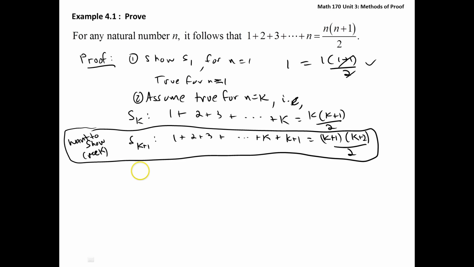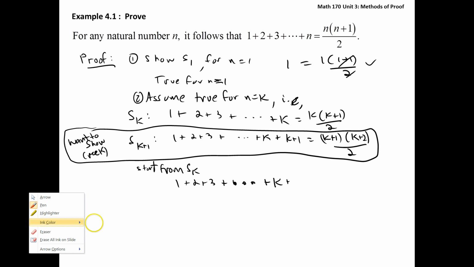So I start from S sub k, that the kth statement is true. And then what I need to do is make it so that it looks like the next statement. What's the difference between S sub k and S sub k plus 1 on the left hand side? Basically, there's an extra number added. There's k plus 1 added.